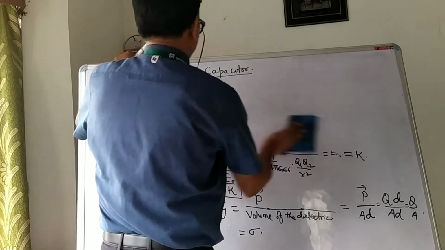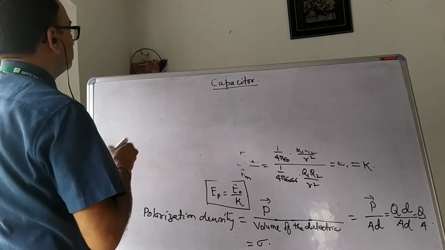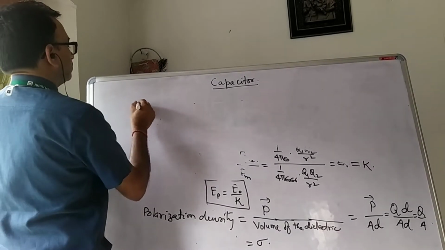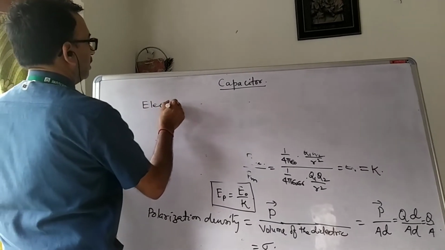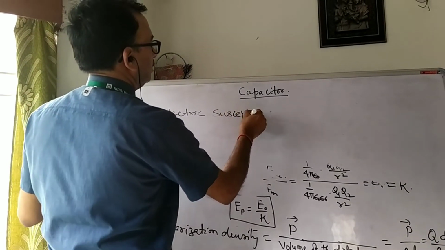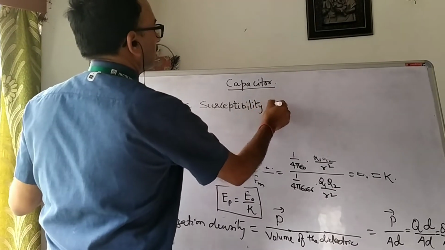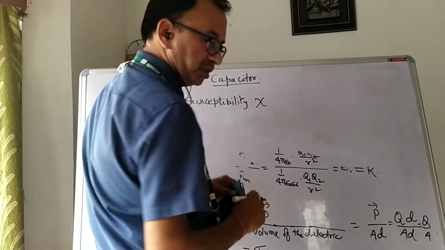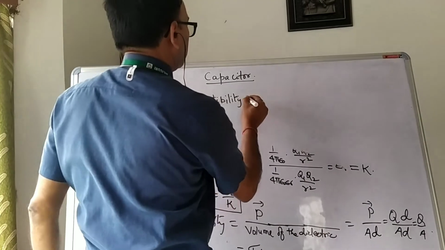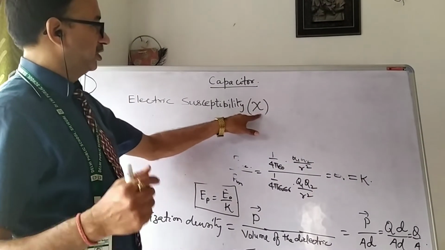Right? Now, the next term is electric susceptibility, chi. There are two, one for electric and one for magnetic, which we will cover afterwards.